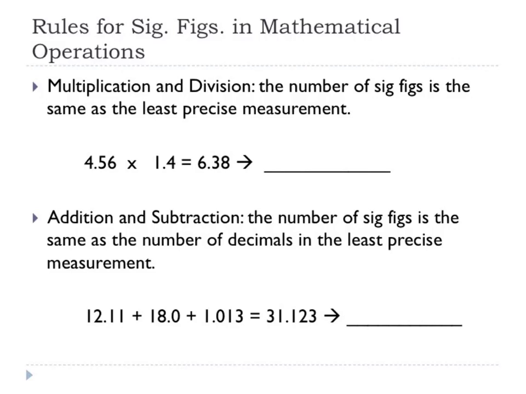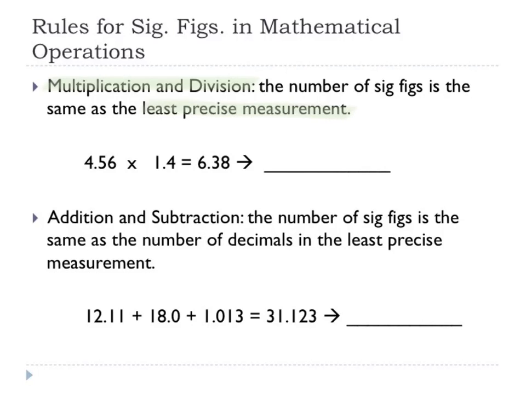So there are two different rules here. If you are multiplying or dividing, your number of sig figs is the same as your least precise measurement.